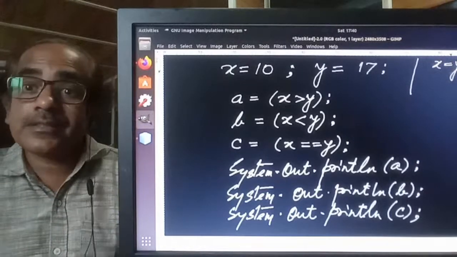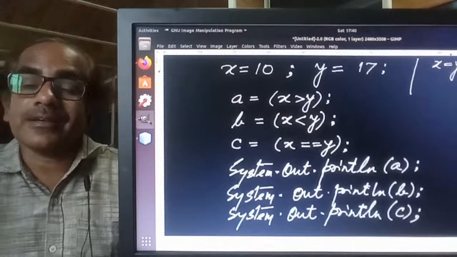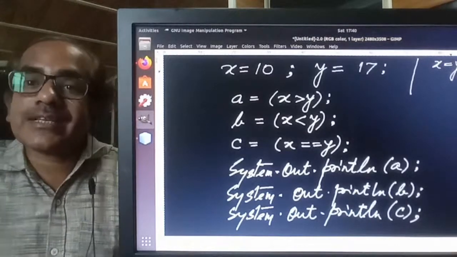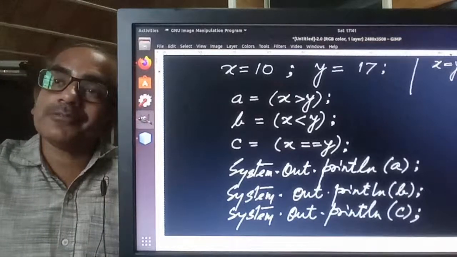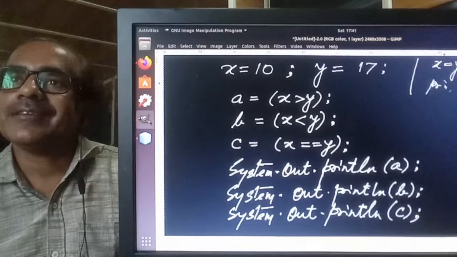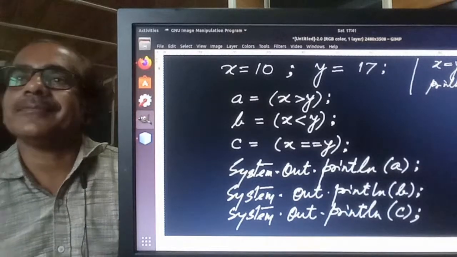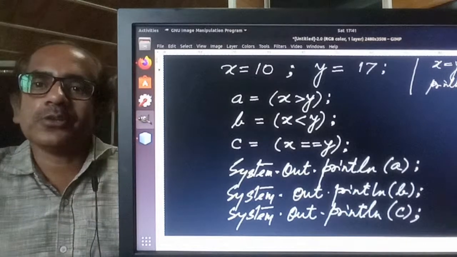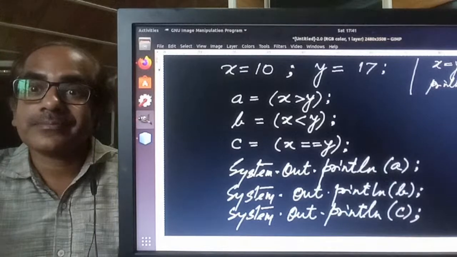This is not a test that checks the value of x and y. Rather, this is an assignment telling to put the value of y in x. So after that, when you write println x, it will print 17. So this is not comparison, mind it.